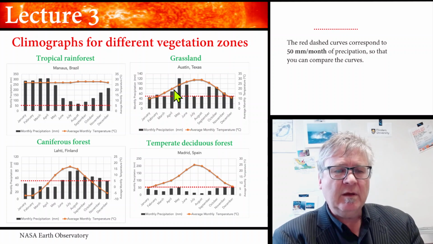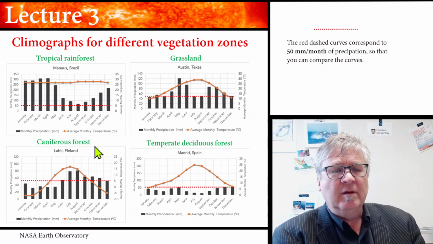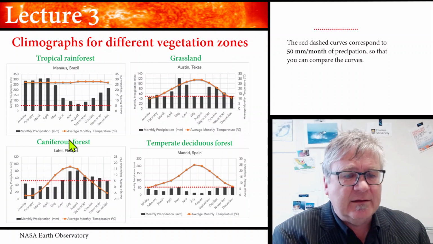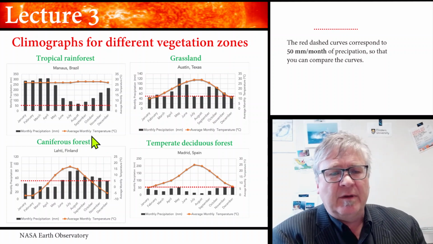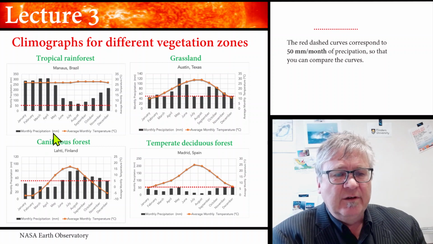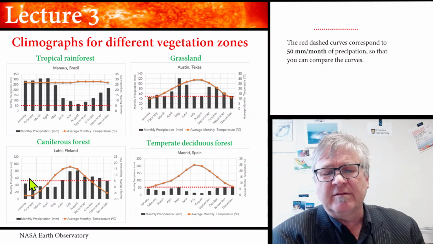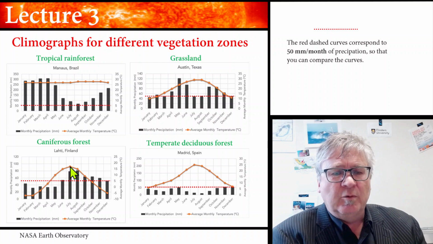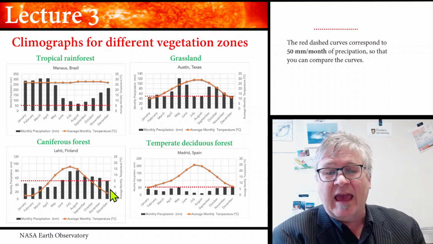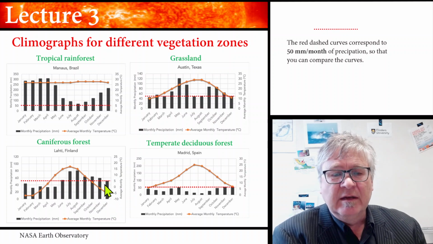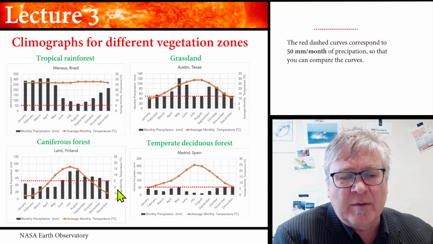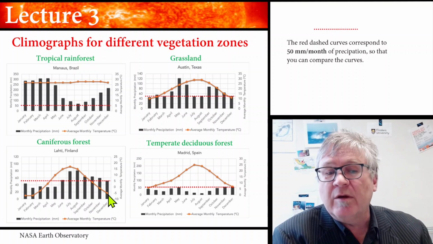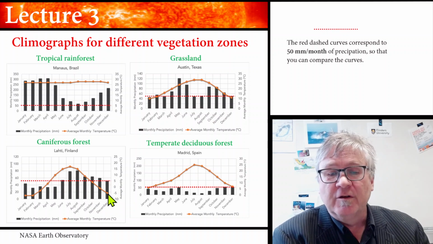And then we come to coniferous forest in Finland, and here we see something different in terms of the temperature. If you look at the numbers, you get a month where the temperature is below 0, where you actually get a frozen ground situation.